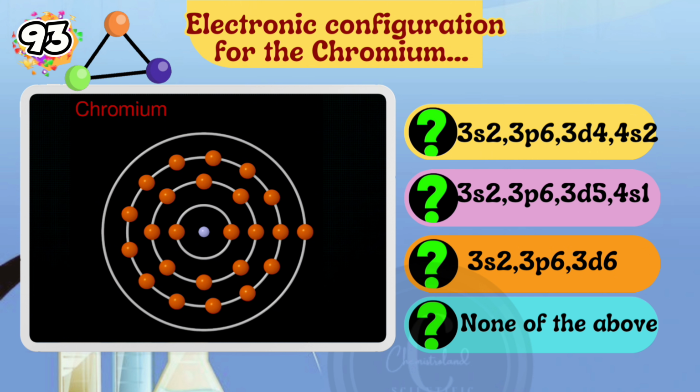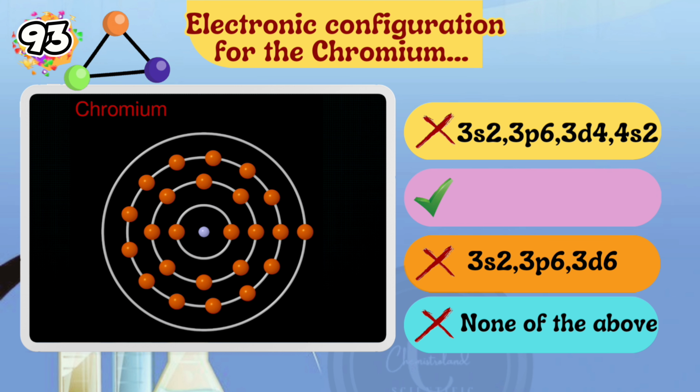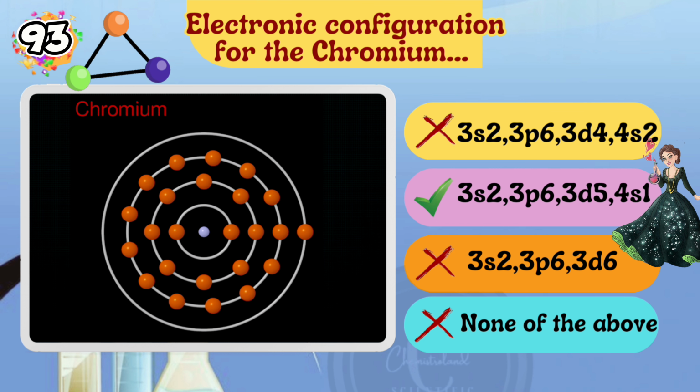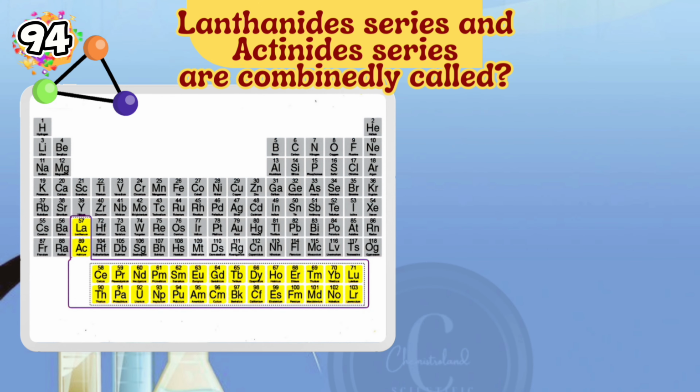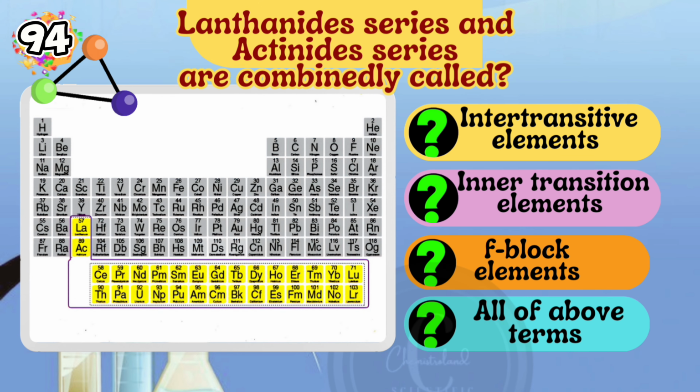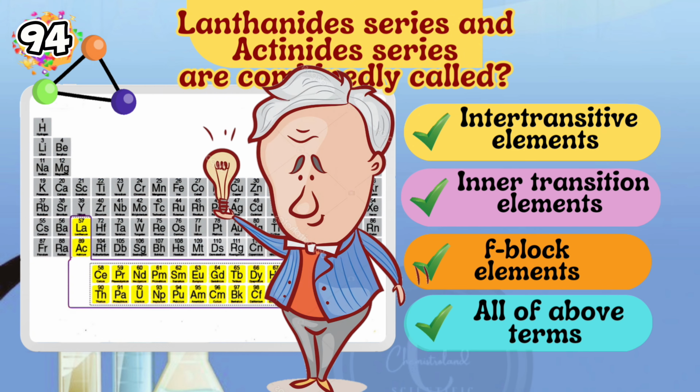Choose the right electronic configuration for the chromium. Option 2 is the right answer. The lanthanide series and the actinide series are combinedly called... all terms are right.